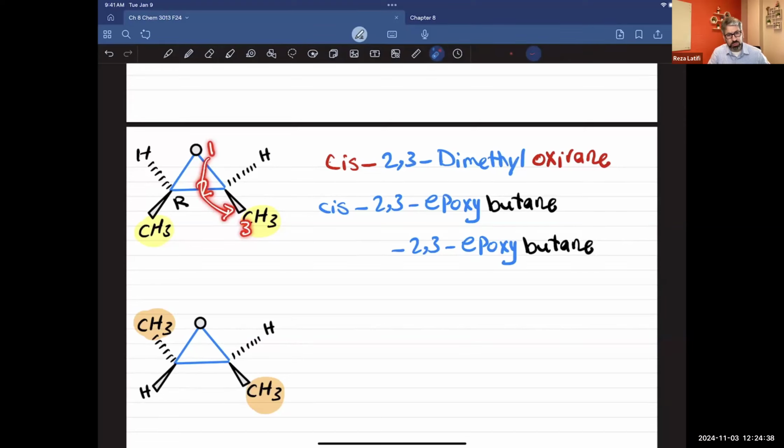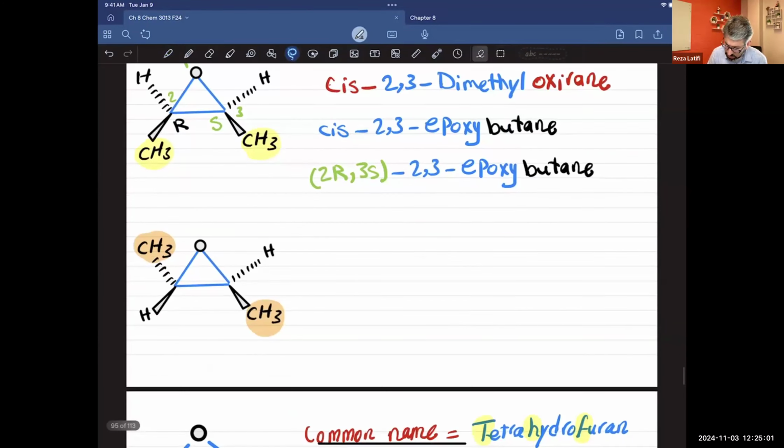This one will be counterclockwise. Hydrogen is at the back, so we don't need to do anything, and that's going to be S. So I got S here. On 2 we got R, and on 3 we got S. So the correct name will be 2R,3S.